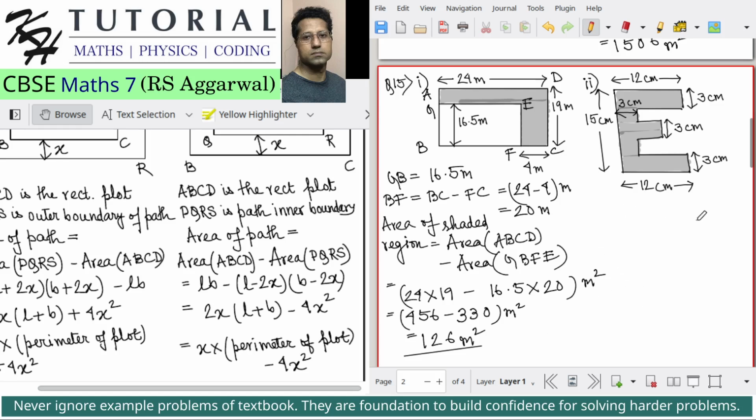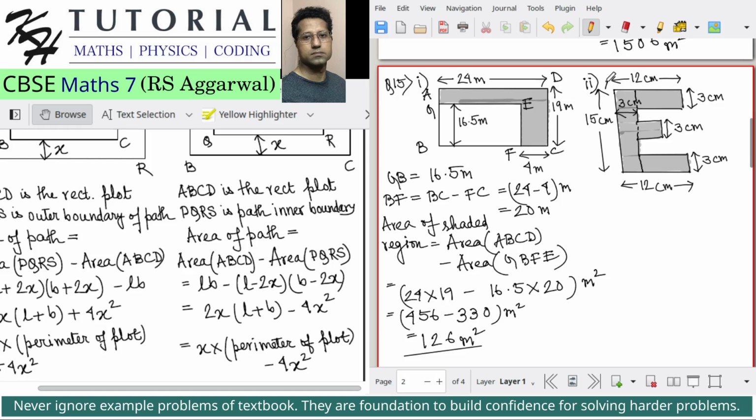Now for figure 2, it is an E shape and the dimensions are given. The way I would like to do it is to divide the entire shaded region into some rectangles which do not have any overlapping region. For example, I will make this rectangle.